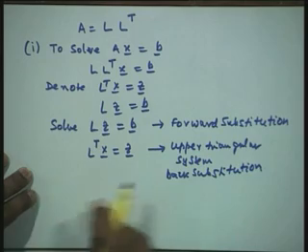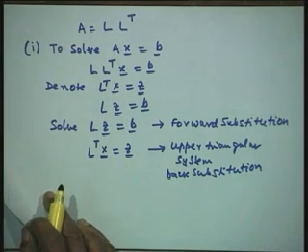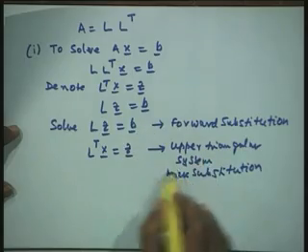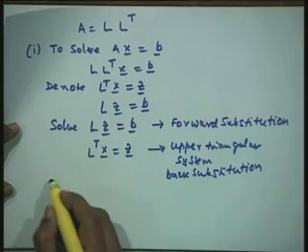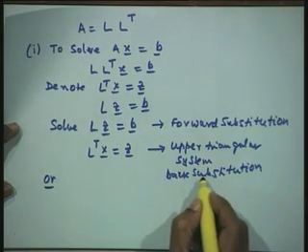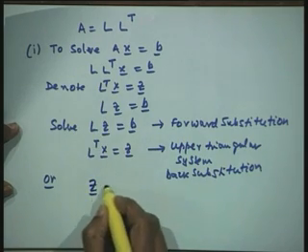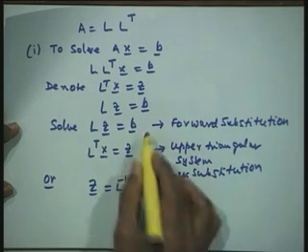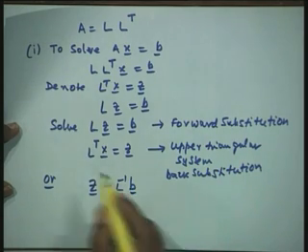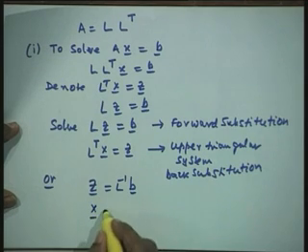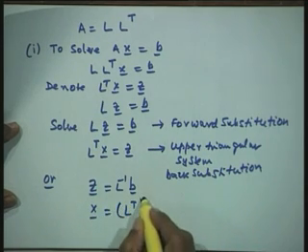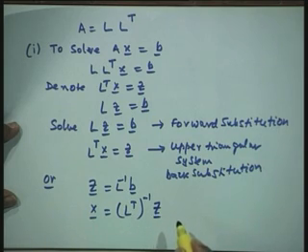Now, we can solve here also by one forward substitution and one back substitution, but the advantage will be not to use this, but to use a slightly different procedure, an alternative between these two. Let us write down the first one, taking L inverse: Z is equal to L inverse of B. And the second system I will write as X is equal to L transpose inverse of Z. We know that transpose and inverse can be interchanged.